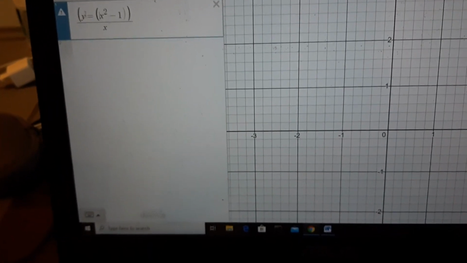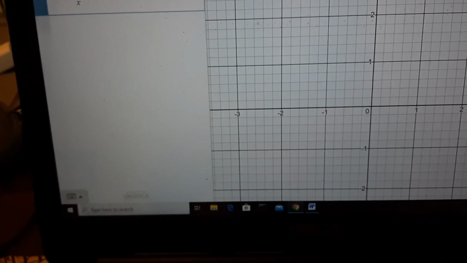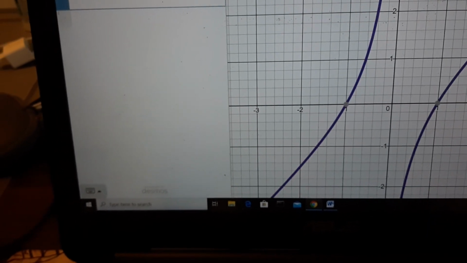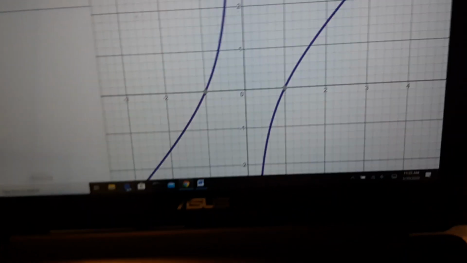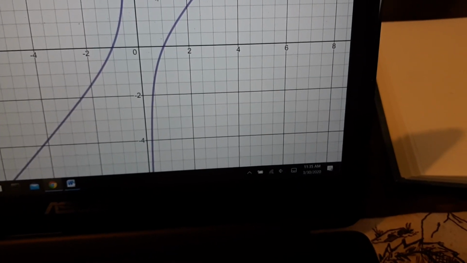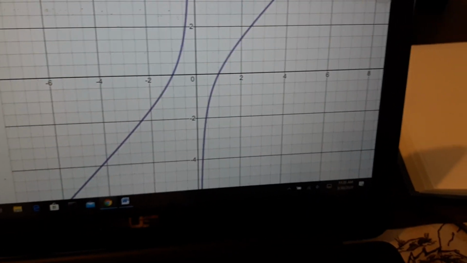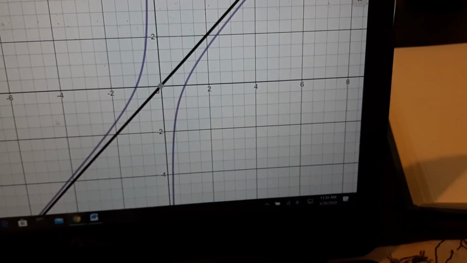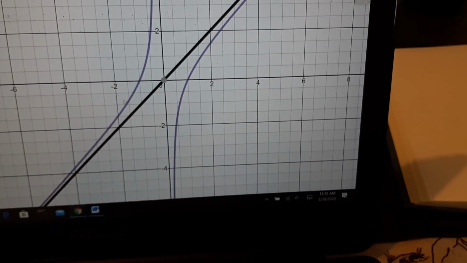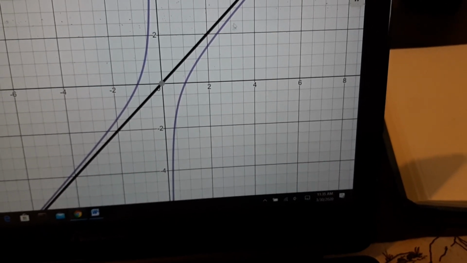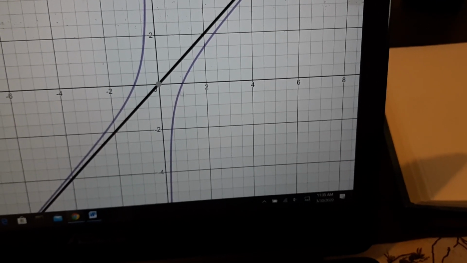Whoops, there's some mistake here with the parentheses. All right, here we go. So here we have our slant asymptote, y is equal to x. That black line is our slant asymptote, and we have already plotted these points right here, and we have yet to plot these ones.